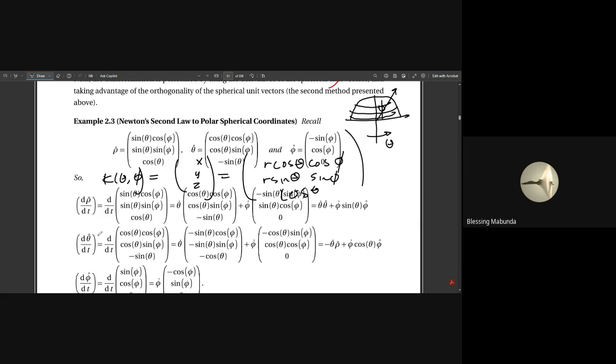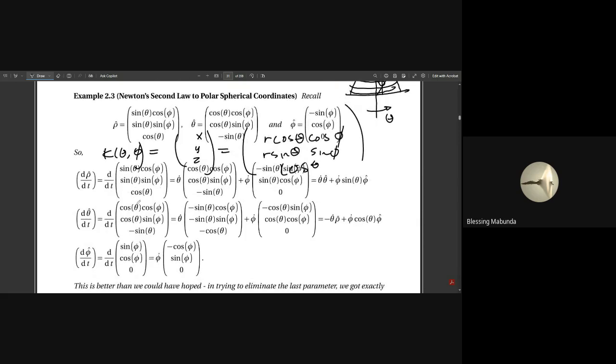And then the derivatives, we've looked at that. So d rho hat dt is equal to theta dot multiplied by theta hat plus phi dot sine theta phi hat.